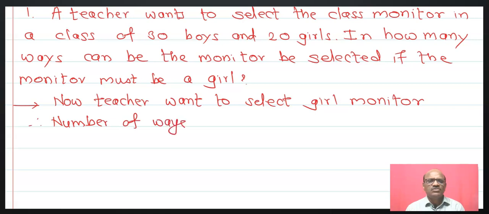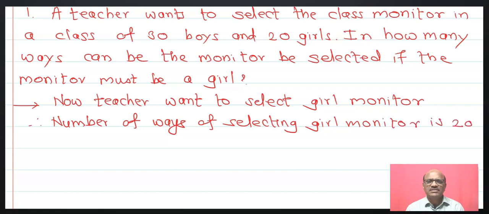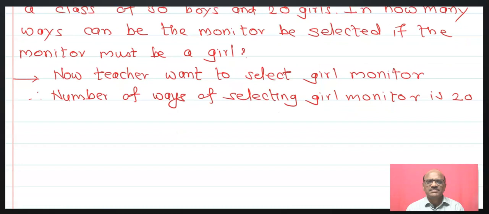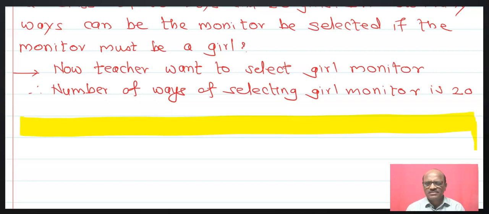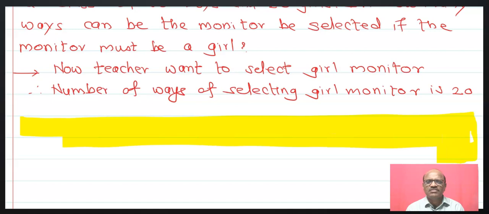The number of ways of selecting a girl monitor is 20. Now the answer in the textbook is different. If you agree, then write down this. But there is one more suggestion from me.